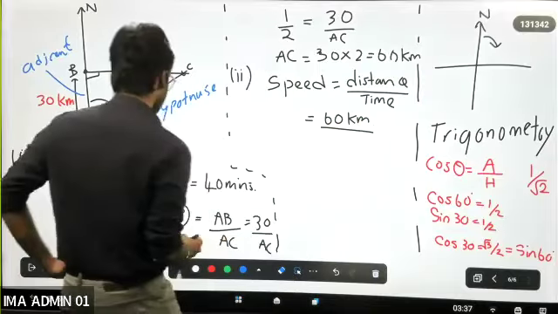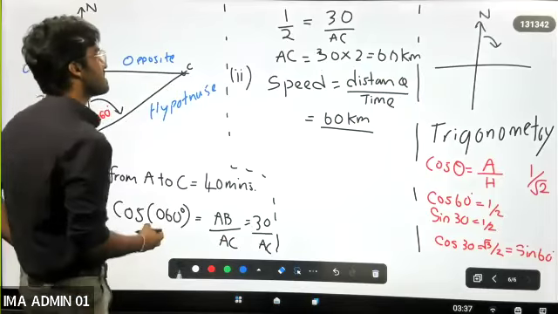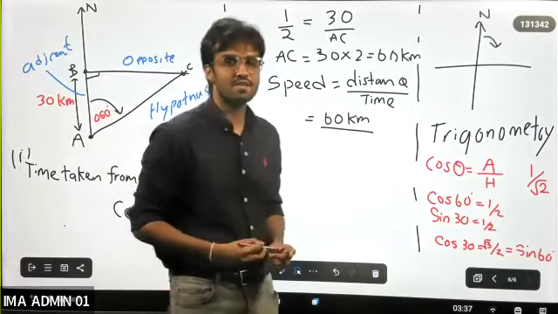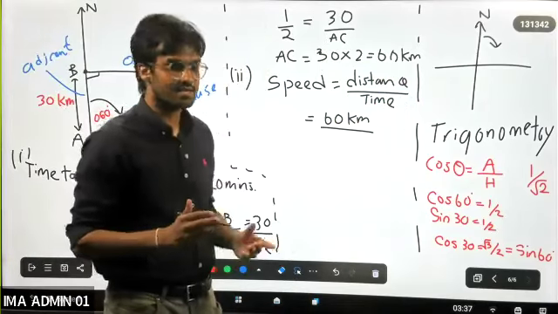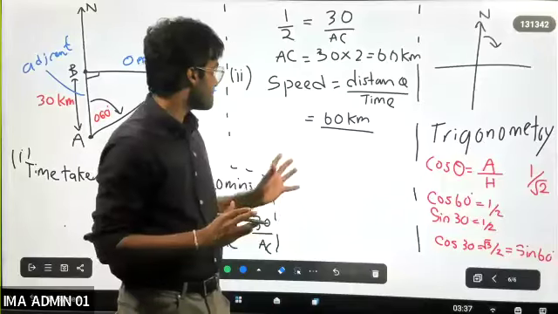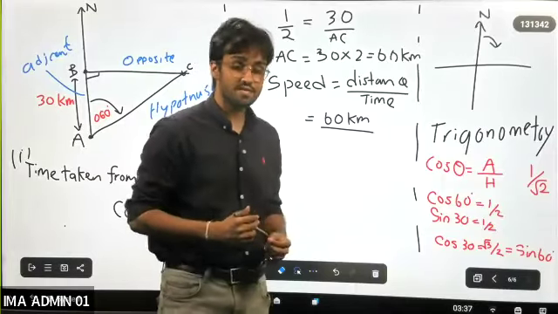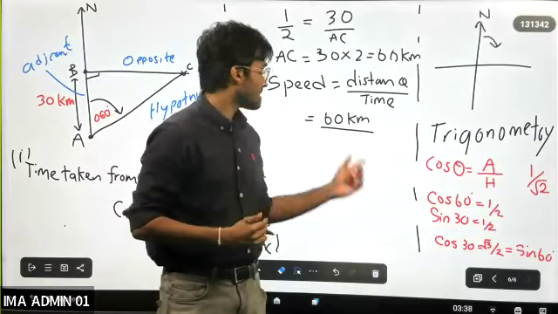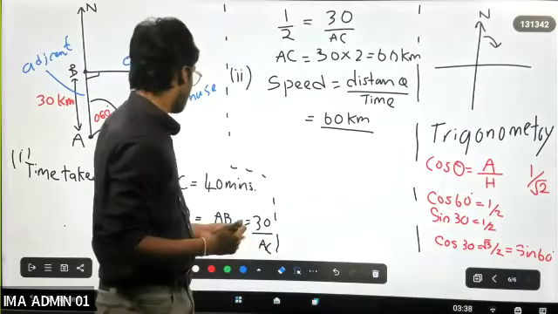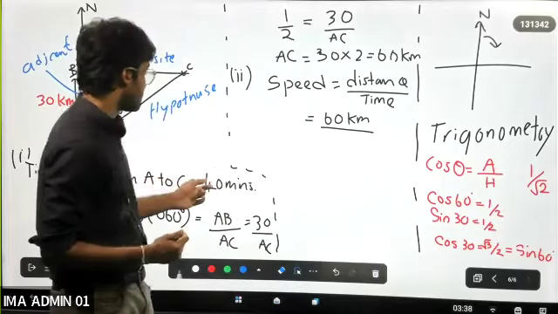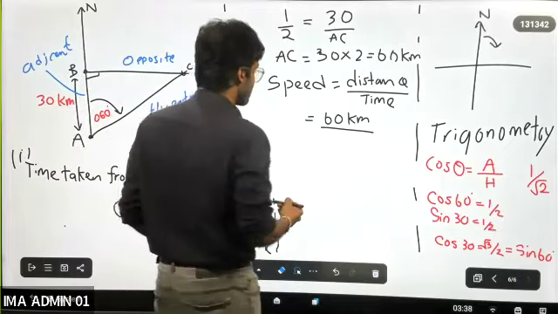And we know the time that it took, 40 minutes. But when it comes to speed, we have to represent speed in a more formulated measurement. So basically, it could be meters per second or kilometers per hour. So we have to convert these minutes into hours.